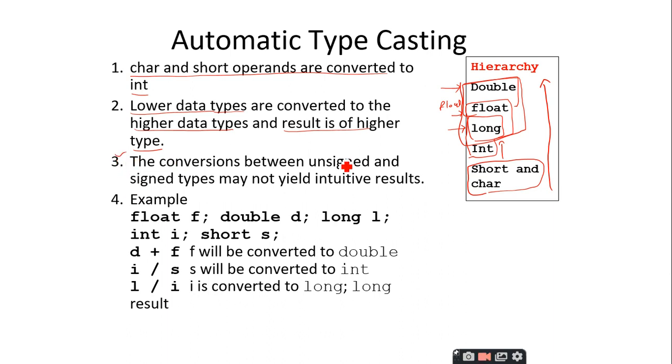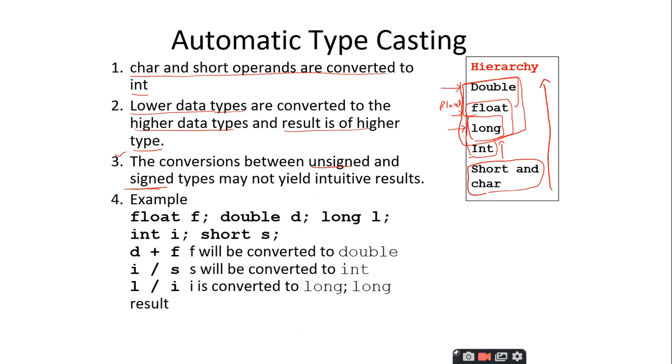And the conversions between the unsigned and signed, very important point. Unsigned means it is going to store only positive values, so one bit of data will not be assigned for storing the sign, whether it is positive or negative. But in the signed data types, we know that it is going to store both the positive values as well as the negative values.